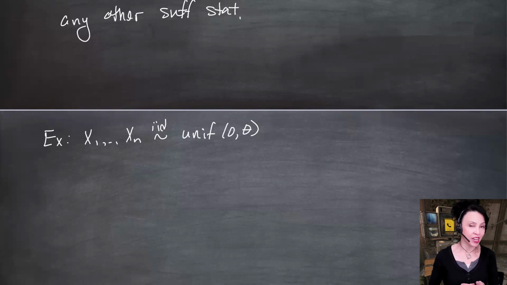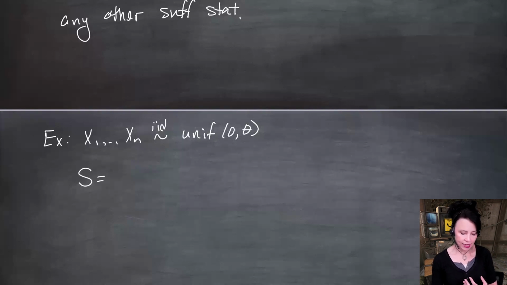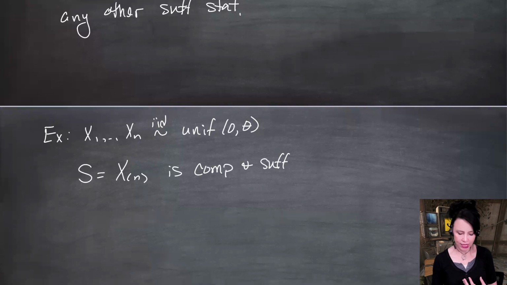I have another theorem coming up next that's a little more direct for this, or you can find something that's complete and sufficient. Now, in this case, because it was not exponential family, we used the factorization criterion to get something that was sufficient. And then we showed by definition of completeness, it was complete. We had S as the maximum is both complete and sufficient. We've shown it in the past more than once.